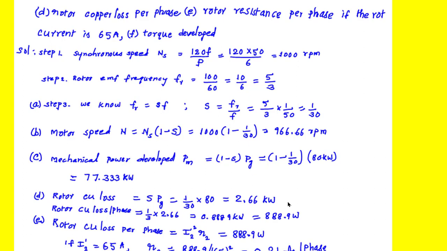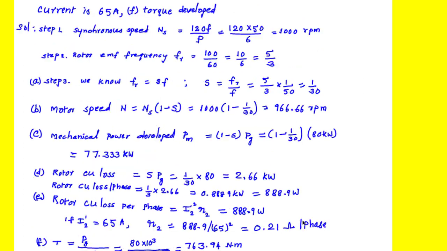What is asked is the rotor copper loss per phase, whereas this is the rotor copper loss for 3 phases. So divide by 3 to get per phase: 2.66 divided by 3 will give us 0.8889 kilowatts or 888.9 watts.